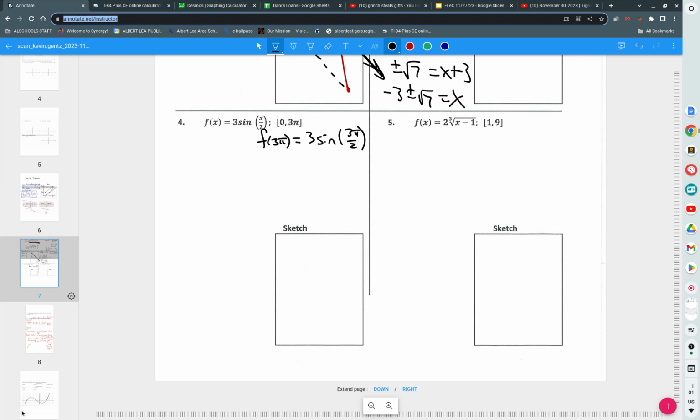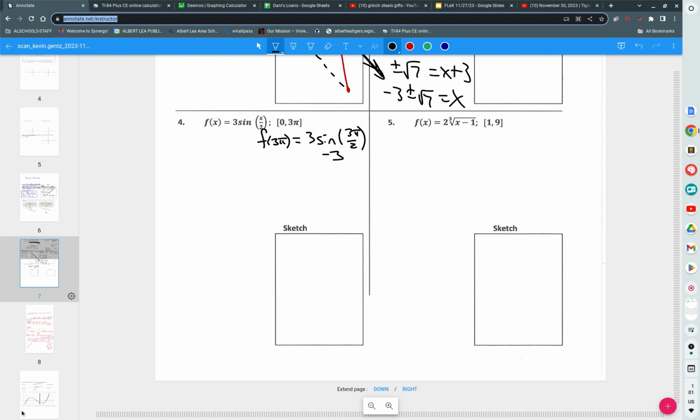What is the sine of 3 pi over 2? 270 degrees would be 3 pi over 2. Negative 1. So the terminal point down there will be (0, negative 1). Sine is the y value, so I have negative 1 times 3, which is negative 3.